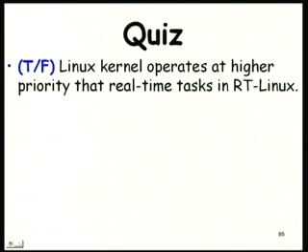Why is that? So, what about others? False. Why is that? What's the justification? It has to be preemptable. It has to be at lower priority because then only the real time task can meet the deadline. Any other answer?